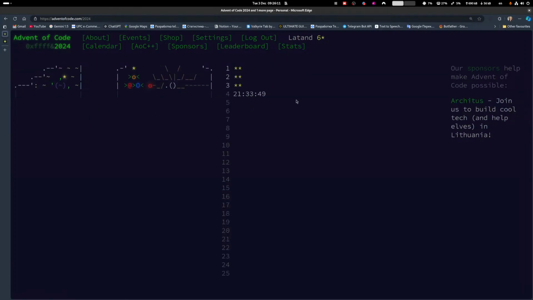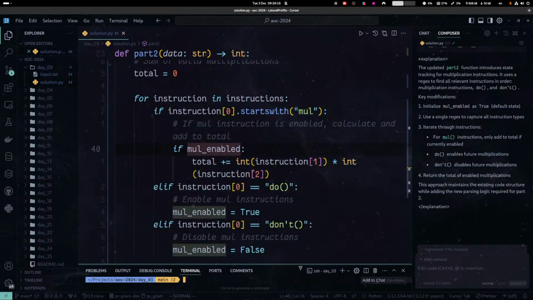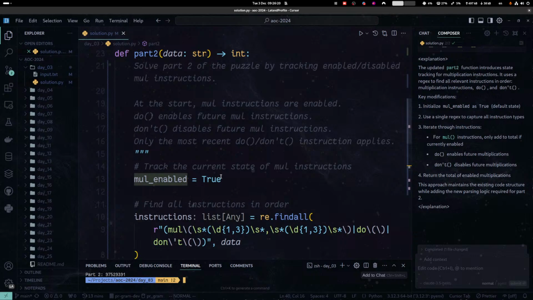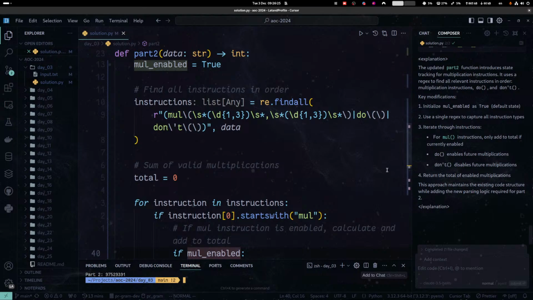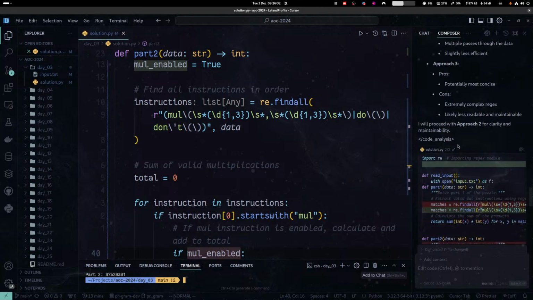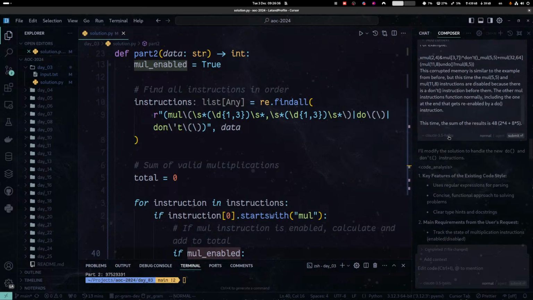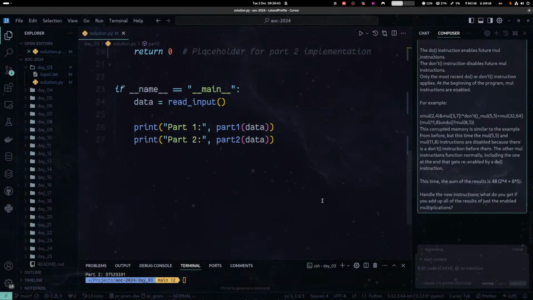GPT-4o Mini was able to solve the first one, and the second part it wasn't. And Claude 3.5 Haiku solved it perfectly. I wonder now what will be the answer from the smartest model. Not the smartest, but smarter. Claude 3.5 Sonnet.